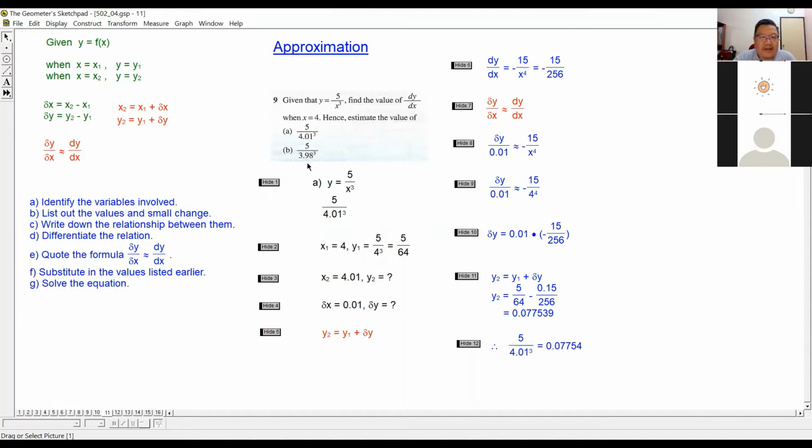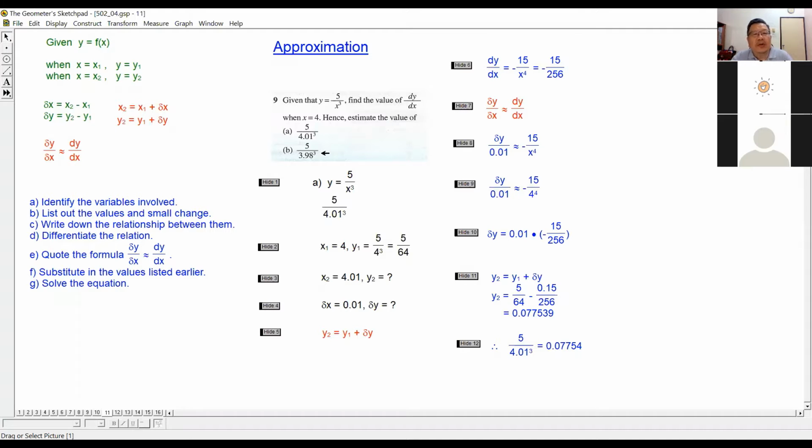Estimate the value of this thing. Of course, for this value you can always use the calculator, but that is not what they want. What they want is for you to find the approximate value of this number using dy dx. Now again, we look at this x equals 4, and the x here is 3.98 cubed.